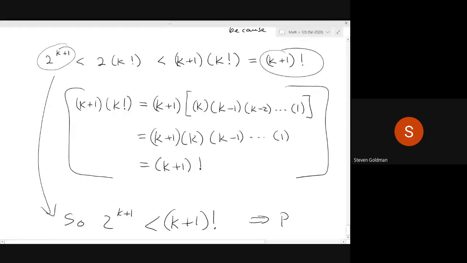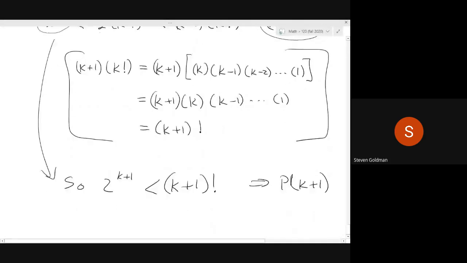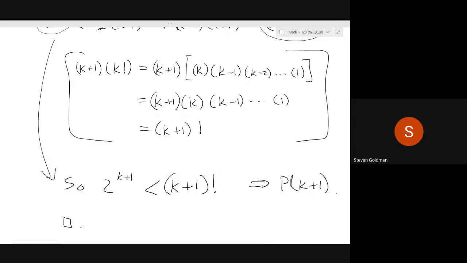This is P of k plus 1. So we just showed that when P of k is true, P of k plus 1 is true. So the proof is done. The inductive step is done. And by the logic of induction, our statement is true for all positive integers n greater than or equal to 4.